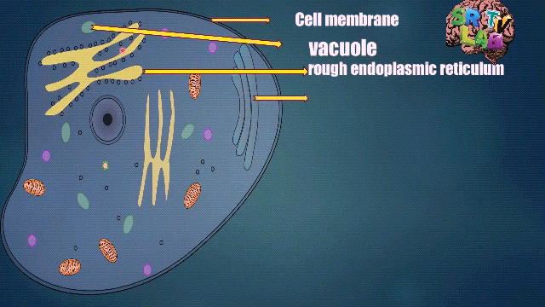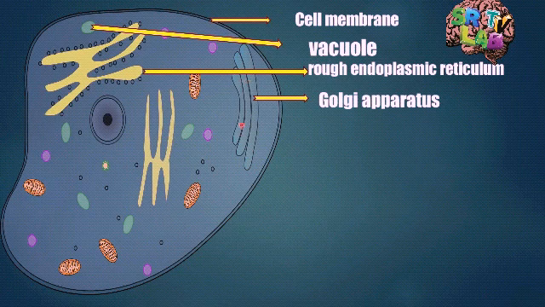We go to the next organelle. This is the Golgi Apparatus. Now you wonder, what are the functions of the Golgi Apparatus? Once newly made substances have left the endoplasmic reticulum, they are sent to the Golgi Apparatus.